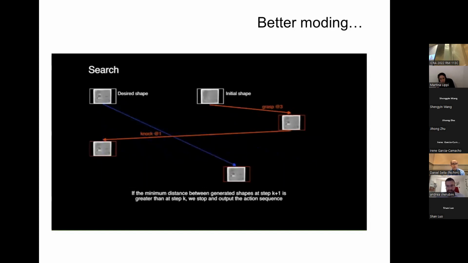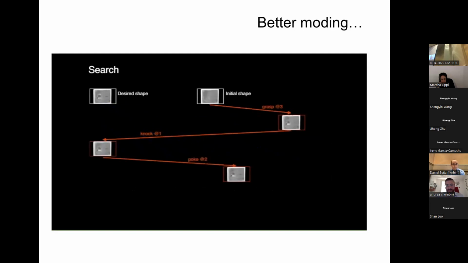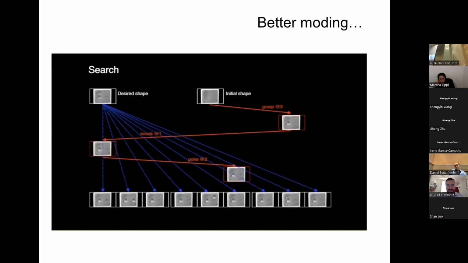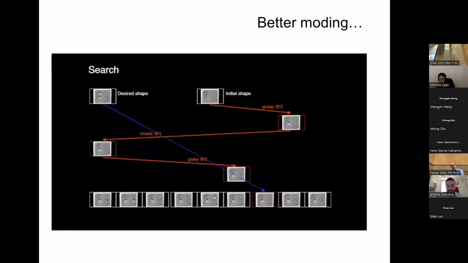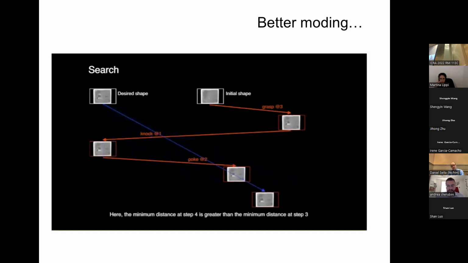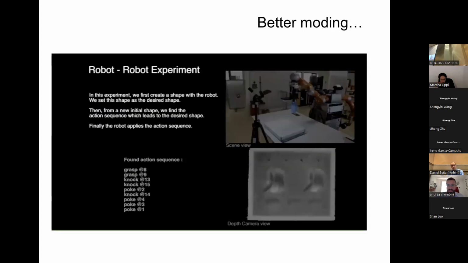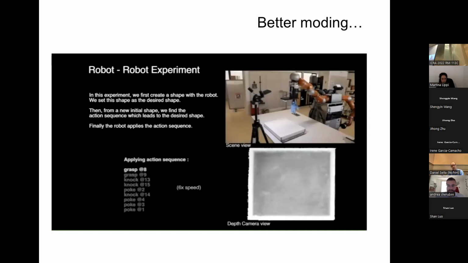And then at each layer of the tree, we select the depth image which gives us the least error with regards to the desired shape. And we stop when the least error starts to increase. One very important thing, I think, in this paper was the metric which we used to match 2 point clouds. I will talk about it right after.